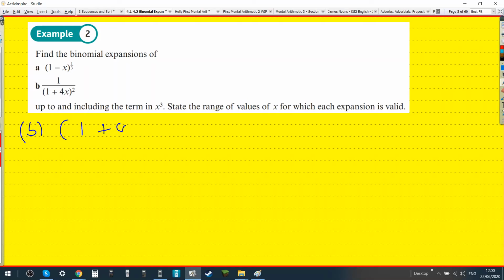For what range of values will our expansion be valid though? A is 4, isn't it? Yeah. And so would it be if the magnitude of x is smaller than a 16th? No. A quarter.